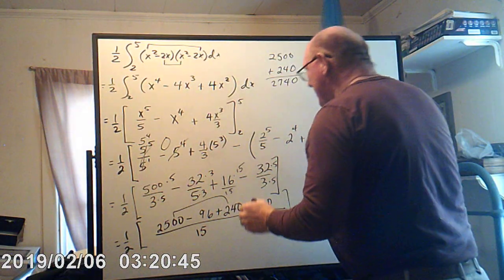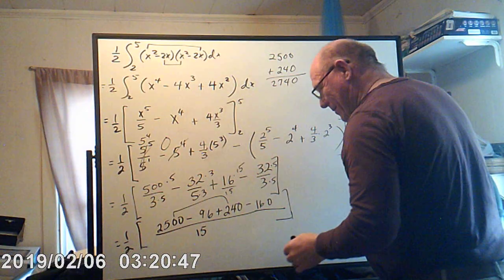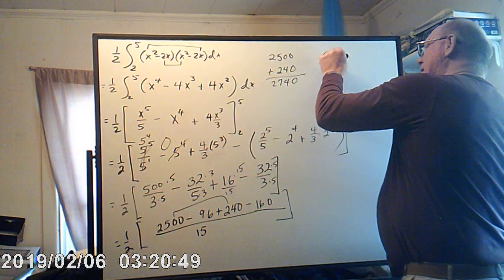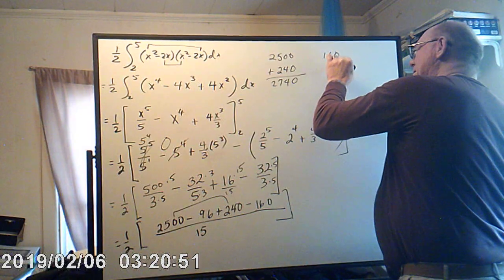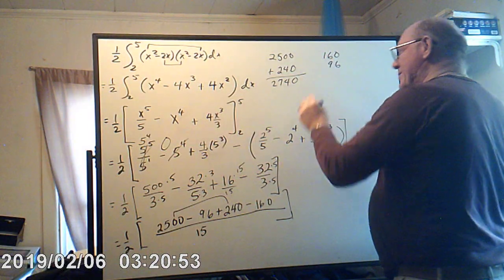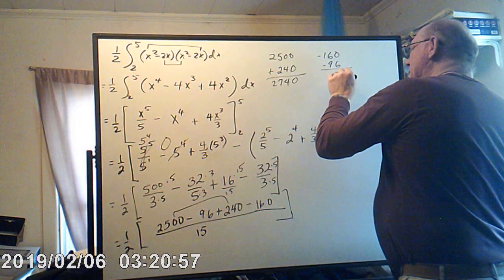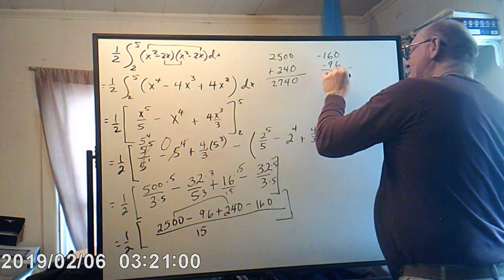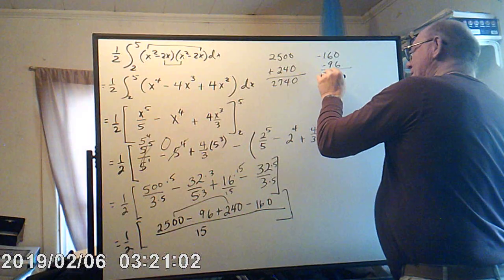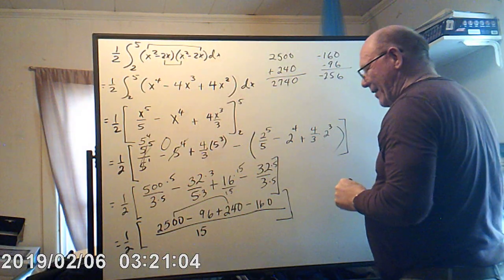So 2740. Okay, 160 and 96. I know they're both negative, so we're going to put the negative sign at the end. Let's just do it now. 6 and 9 is 15. 1 and 1 is 2, so that looks right.